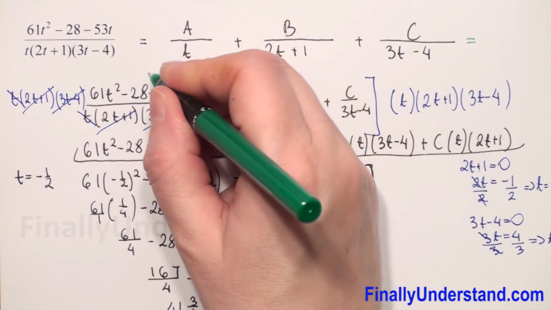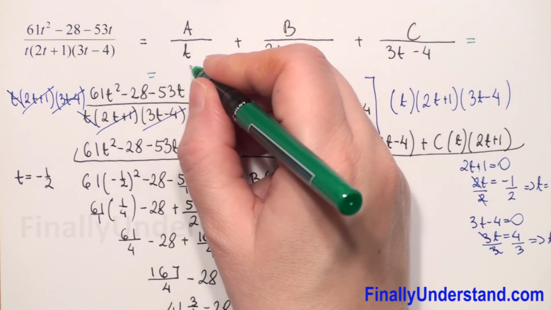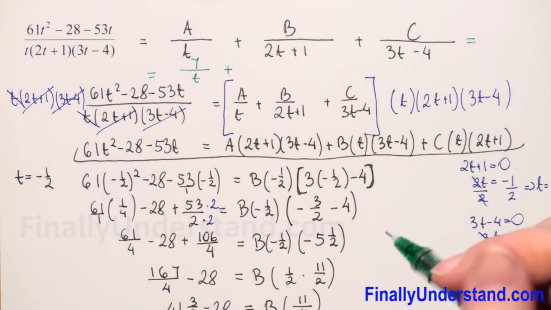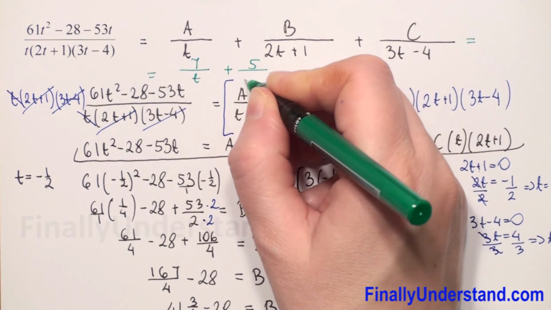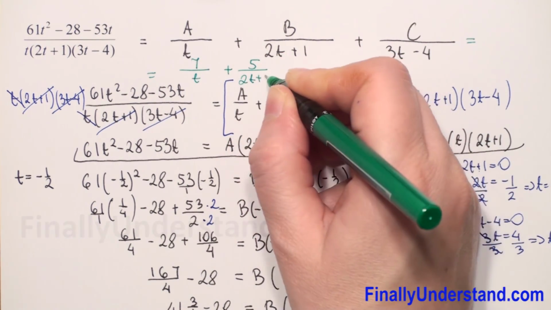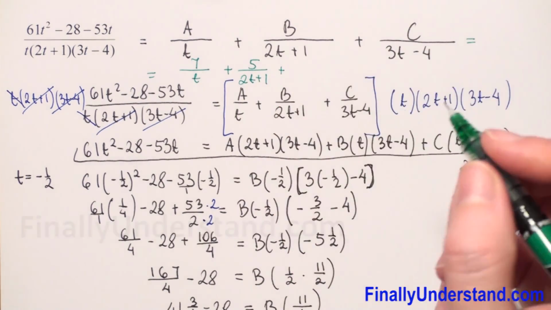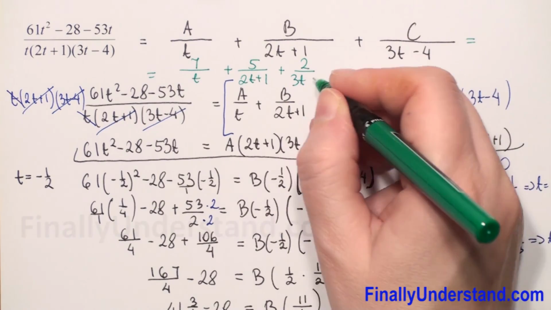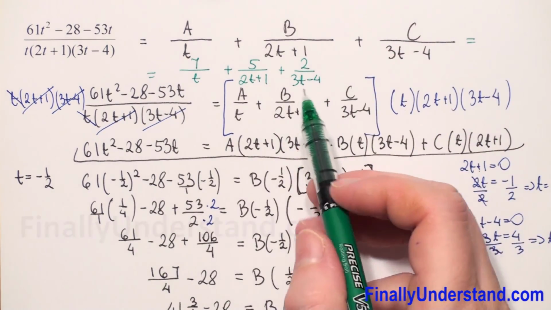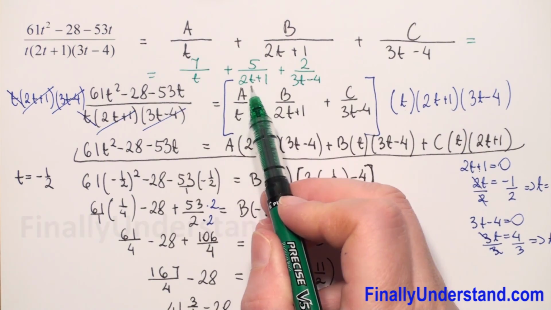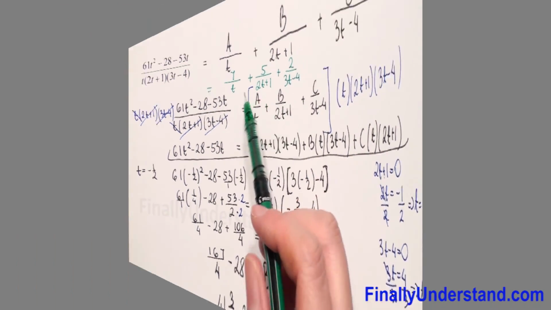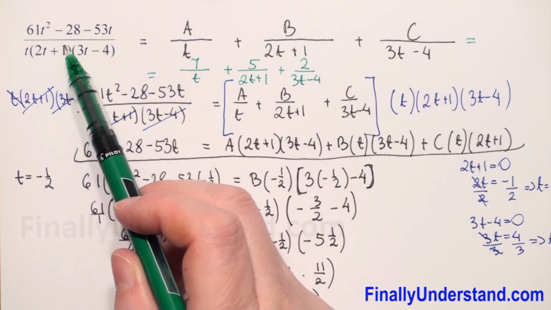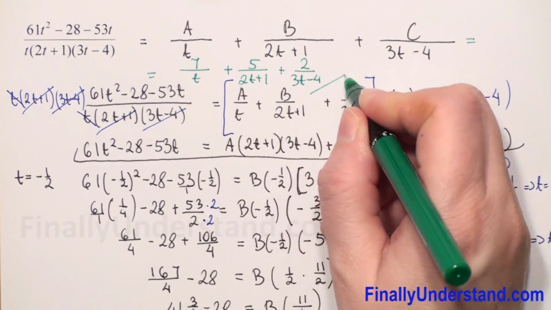So this is equal, we found that A is 7 over t, plus B is 5 over 2t plus 1, plus C, we found that this is 2 over 3t minus 4. Now, if you add these three partial fractions, you'll get exactly the same as what we have on the left side. This is my solution.